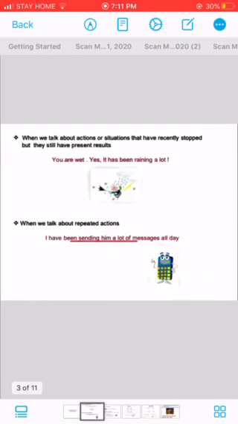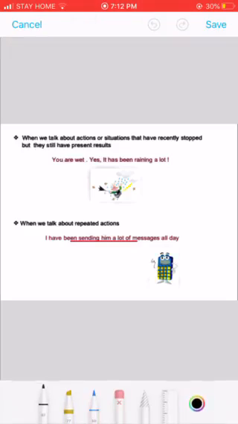We use the present perfect continuous to talk about actions or situations that have recently stopped, but they still have a present result. So الفعل أو الحدث توقف حاليا، لكن نتيجة الفعل ظهرت أو ما زال نستطيع أن نشوفها. يعني توقف.